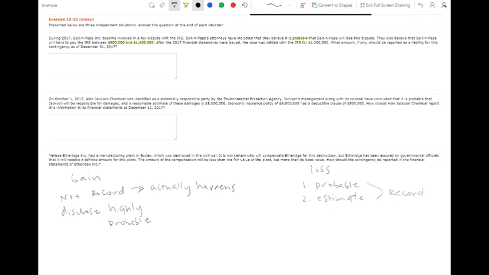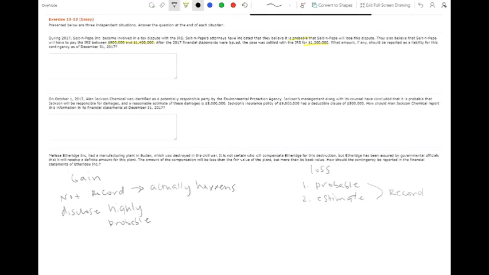I'm given a range of 900,000 up to 1.4 million. Now, I know the problem tells me that eventually I actually pay 1.2, but when I'm doing my financial statements, this thing hasn't settled yet, so I don't know. So I have to just come up with something. What FASB has said is if it's probable, which we've already established, now we're looking at the estimate.